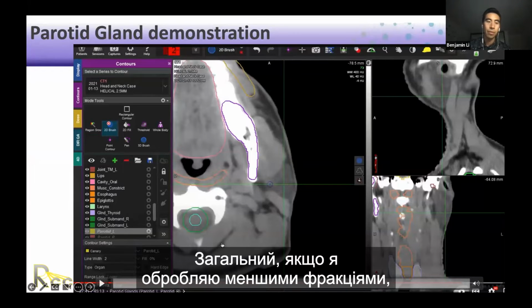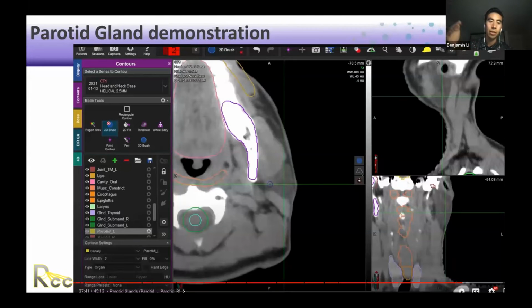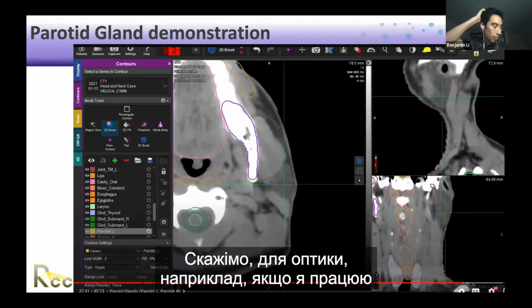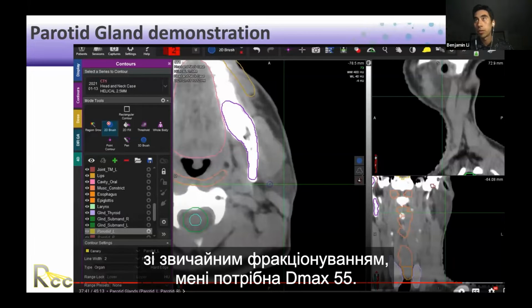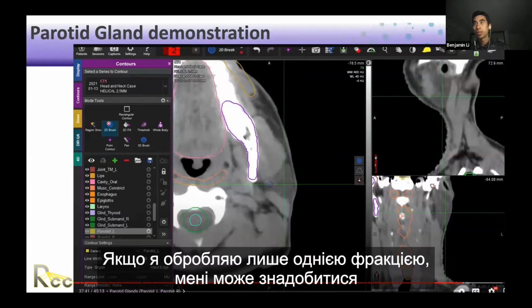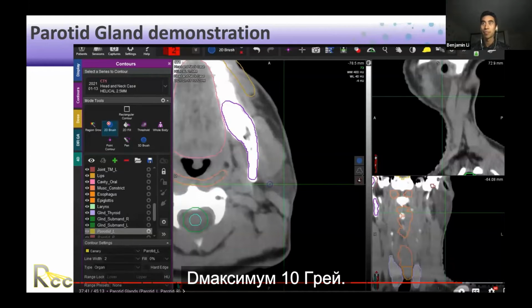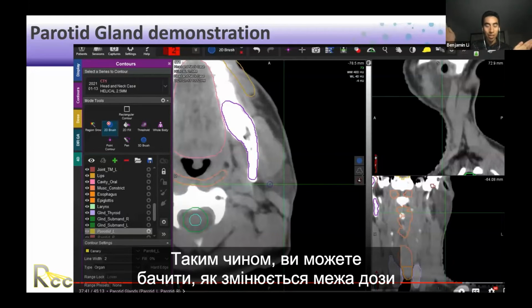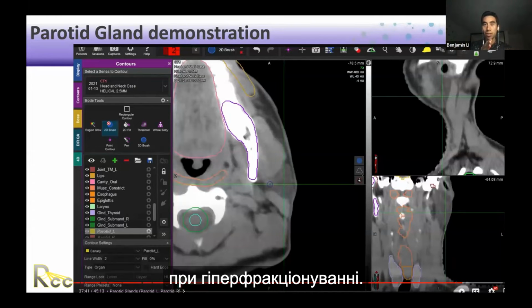In general, if I'm treating in fewer fractions, let's say for the optics, if I was treating conventional fractionation, I want a Dmax of 55. If I'm treating in just one fraction, I might want a Dmax of 10 gray. So you can see how the dose limit changes when you're hypofractionating. Just exactly what it should be?